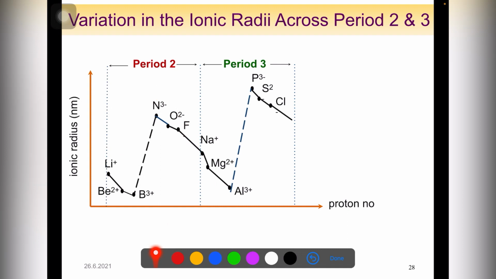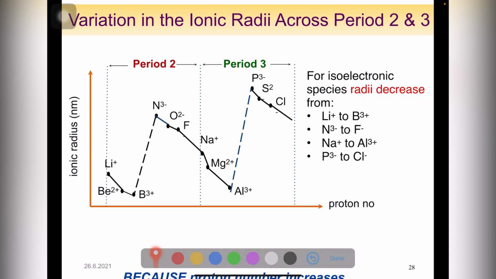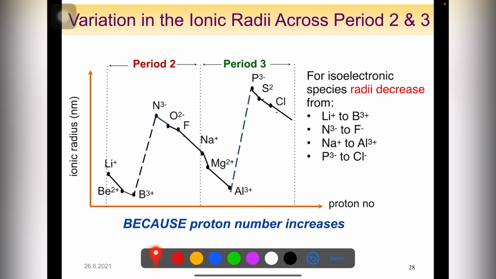Same for period 3. For isoelectronic species, radii decrease from Li+ to B3+, N3- to F-, Na+ to Al3+, and P3- to Cl-.